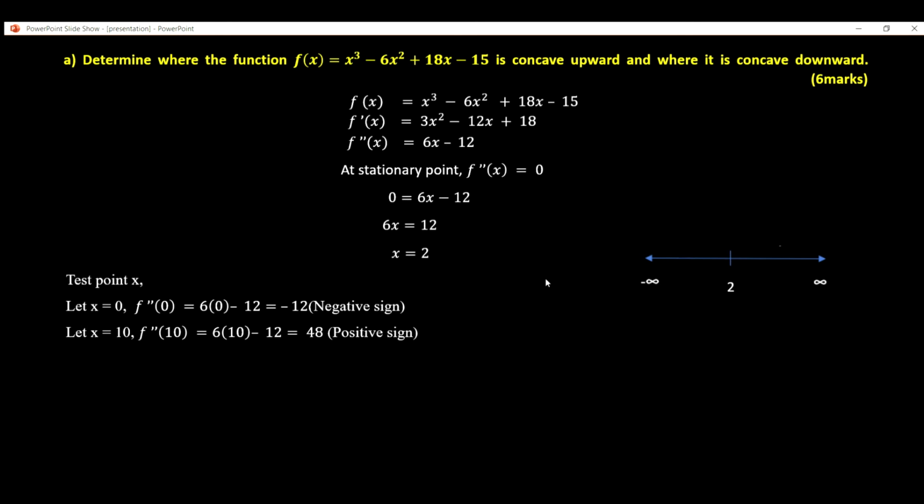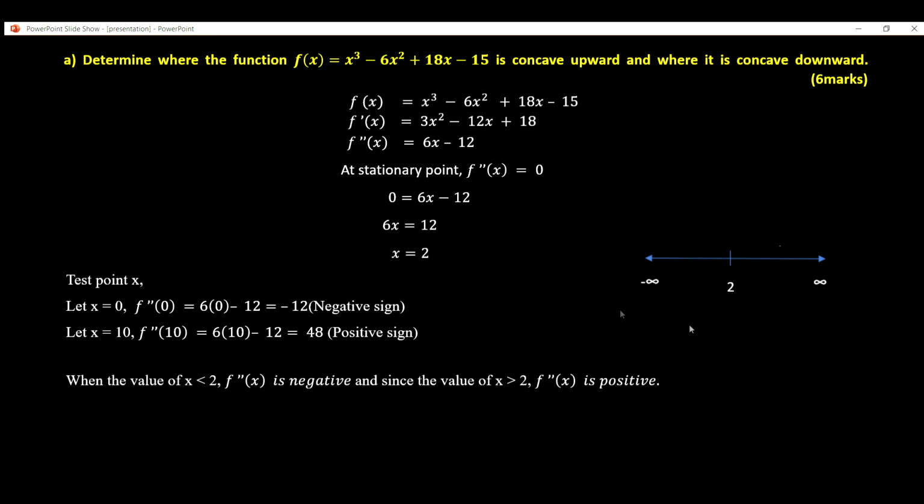For example, I choose 10. So 6 times 10 minus 12 equals 48. This is a positive answer. So when the value of x is smaller than 2, the second derivative is negative, and when the value of x is greater than 2, the second derivative is positive.